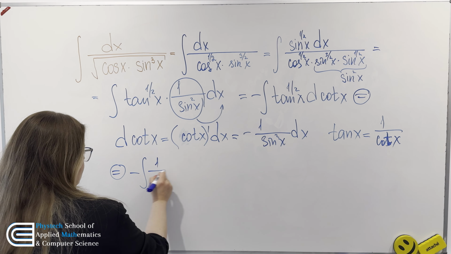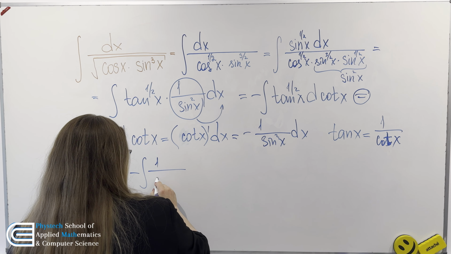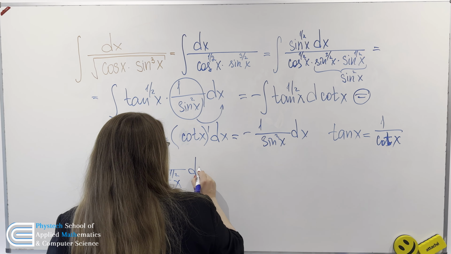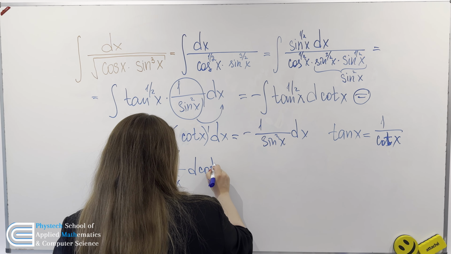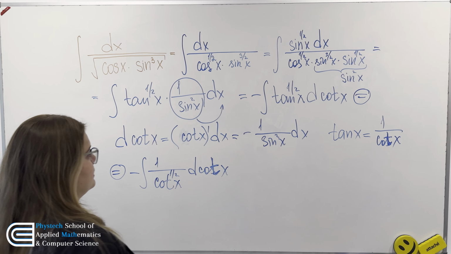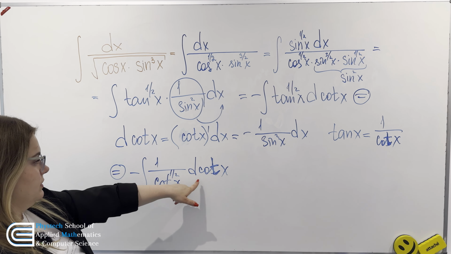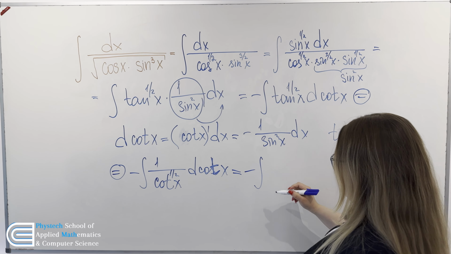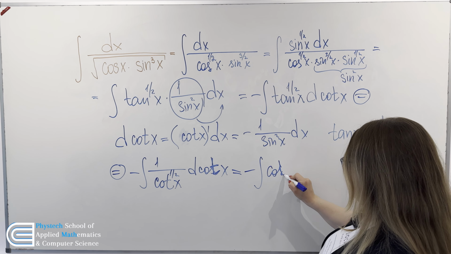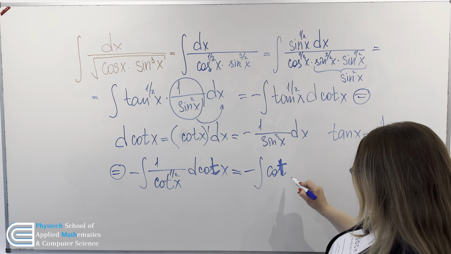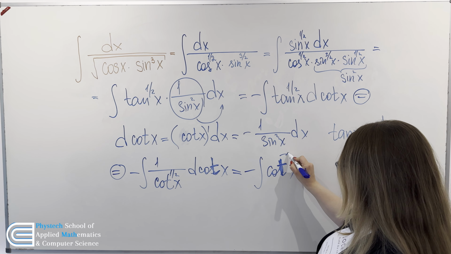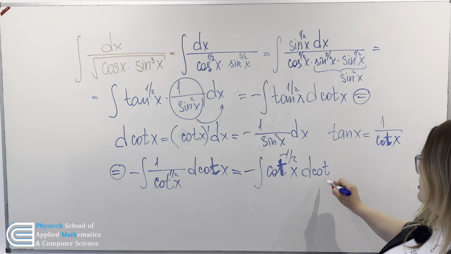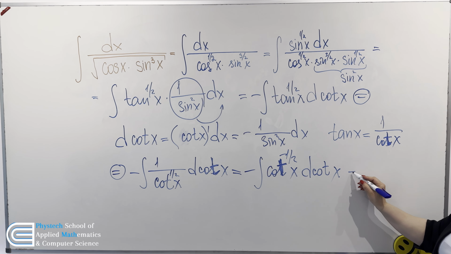So we can write 1 divided by cotangent of x to the power of 1 divided by 2 d cotangent of x. And now we can again rewrite it and obtain cotangent of x to the power of minus 1 divided by 2 d cotangent of x.